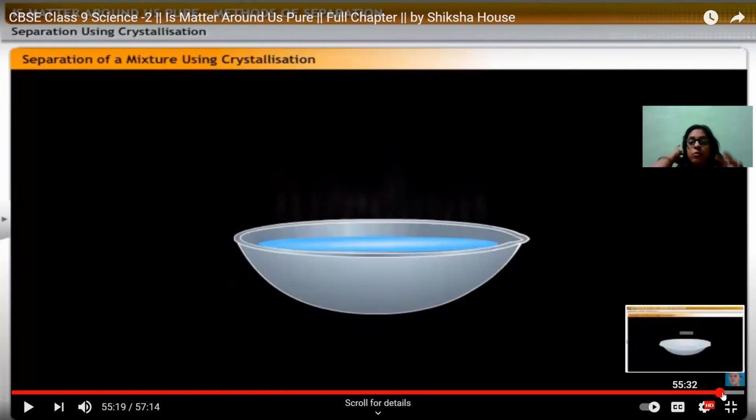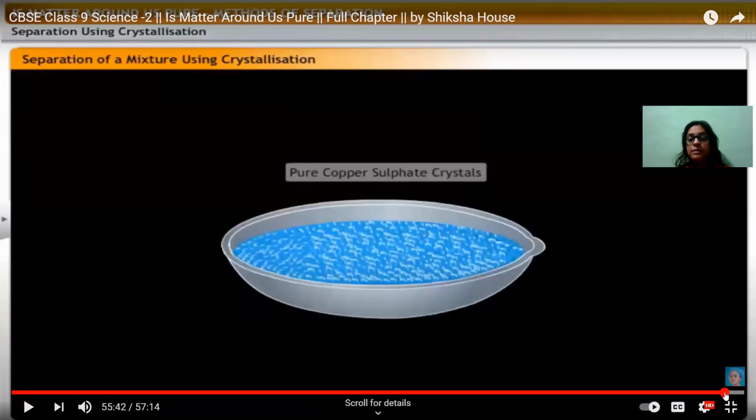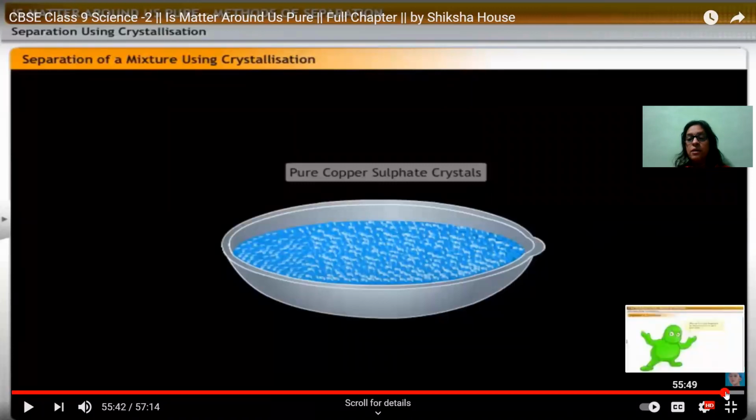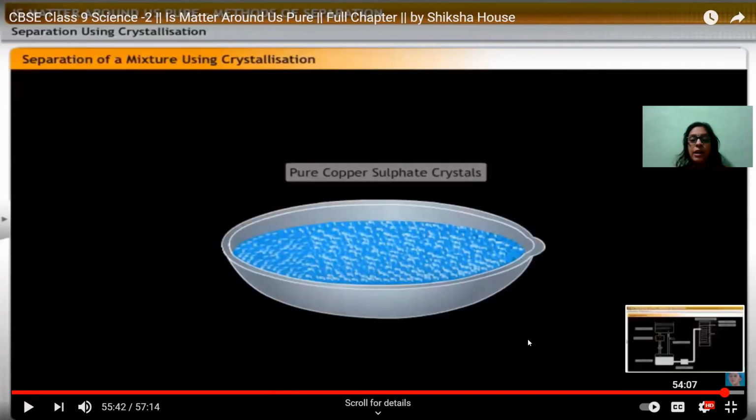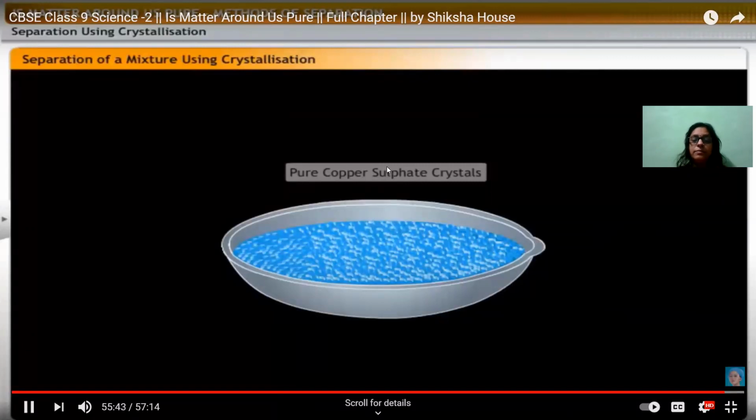That means we keep adding copper sulfate to water until a saturated solution forms. All of you must know about the saturated solution, in which no more solute can be dissolved in that same amount of solvent. So pure copper sulfate crystals, as you can see here, and add water to it. This process is called crystallization.